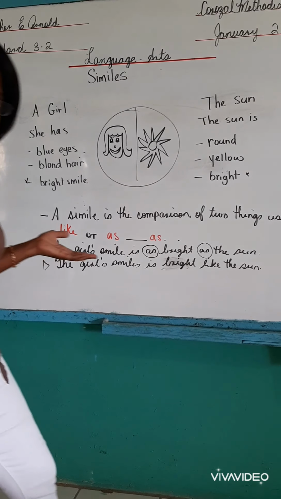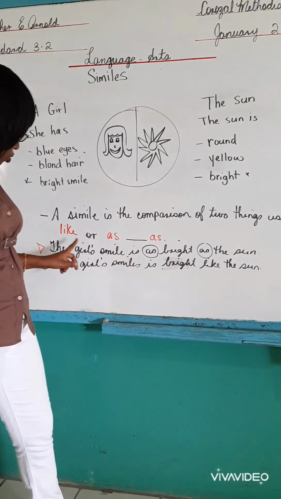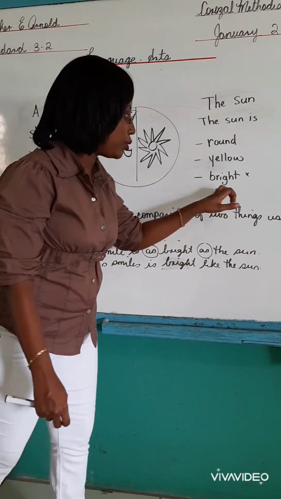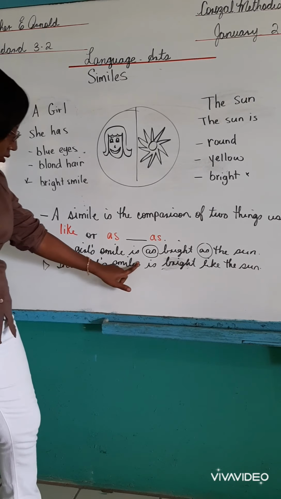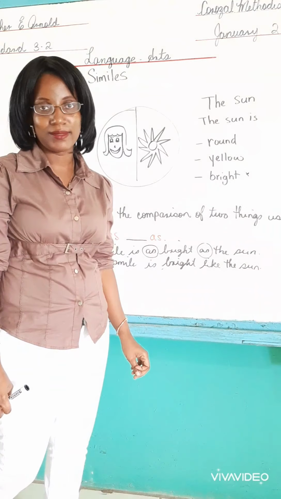Right? So I can use both. I can use the as pattern, or I can use the like pattern. The girl's smile is as bright as the sun. The girl's smile is bright like the sun. I'm just using the word like.